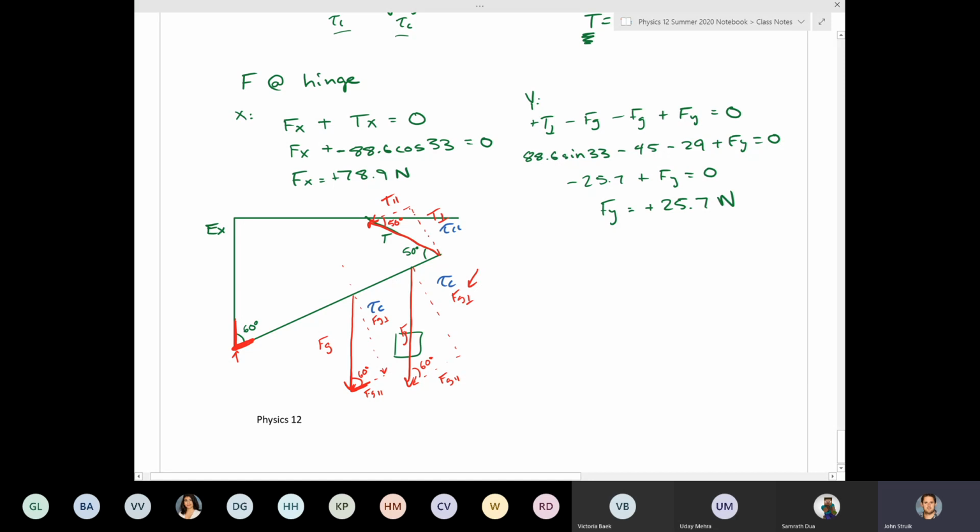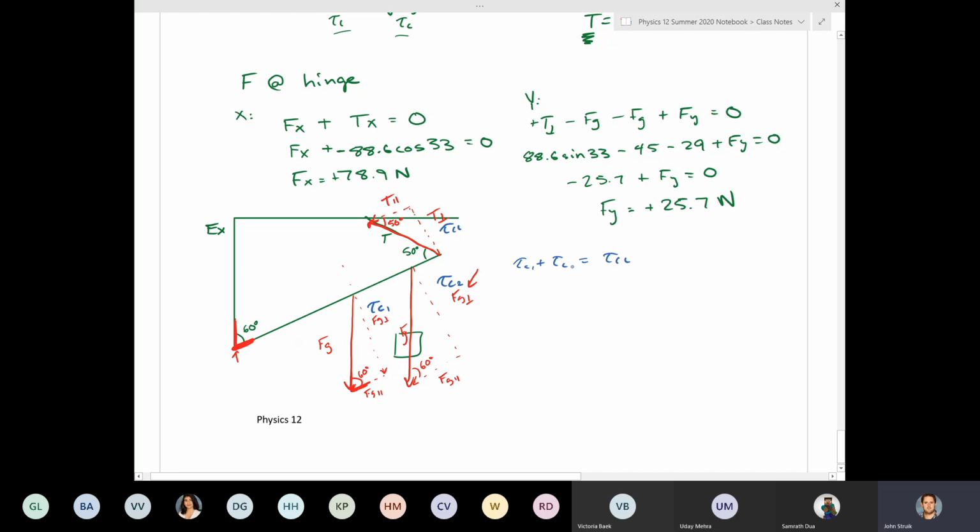Okay, and so it's the same setup. It's still torque clockwise equals torque counterclockwise. Let's call this 1 and let's call that 2.